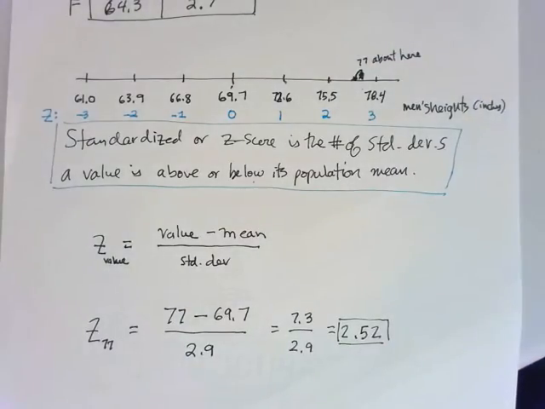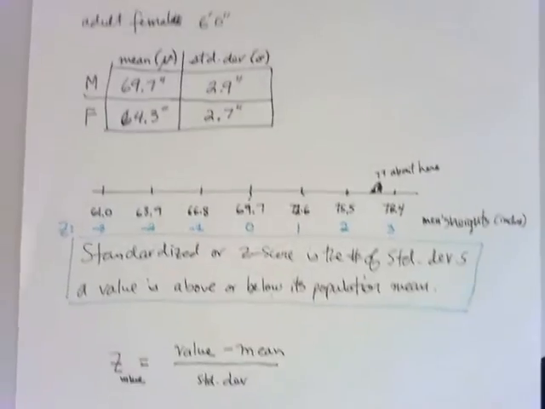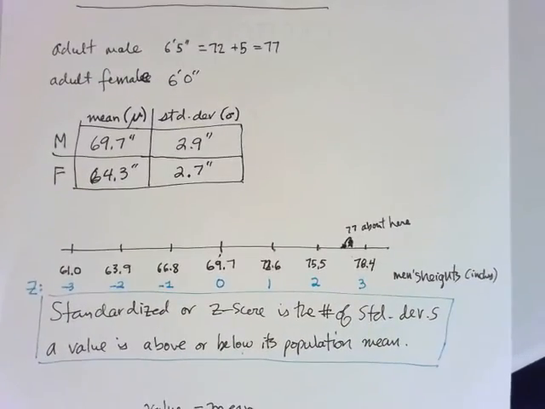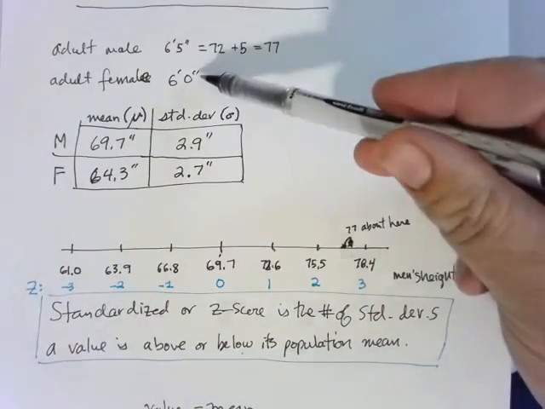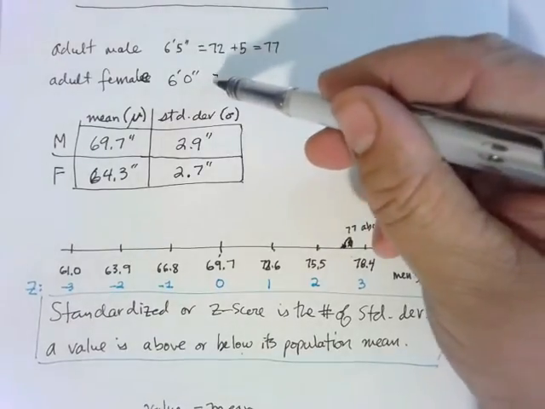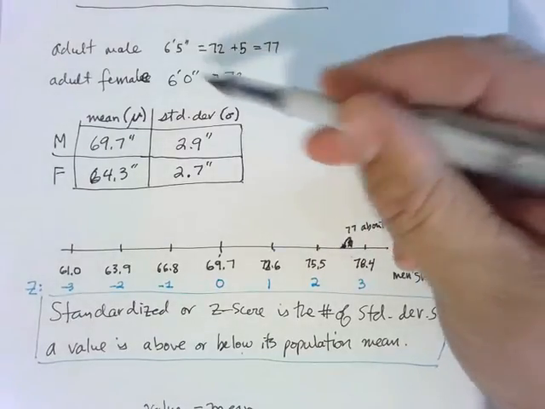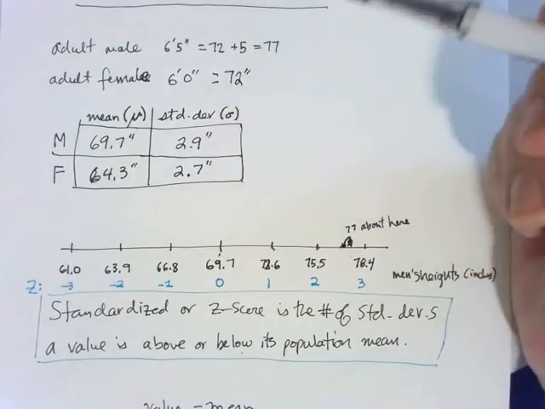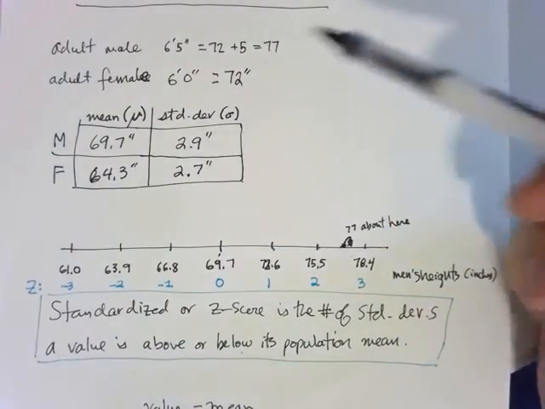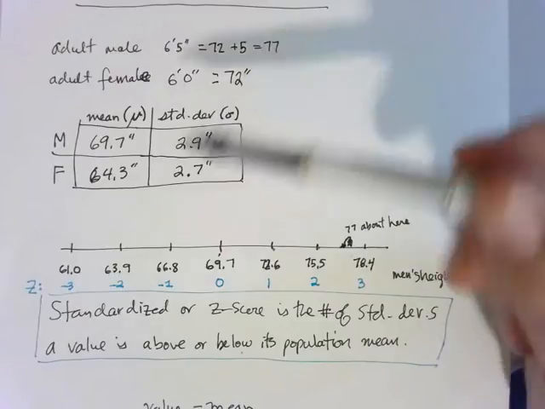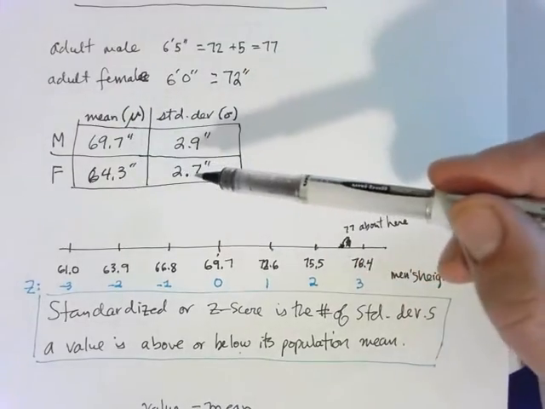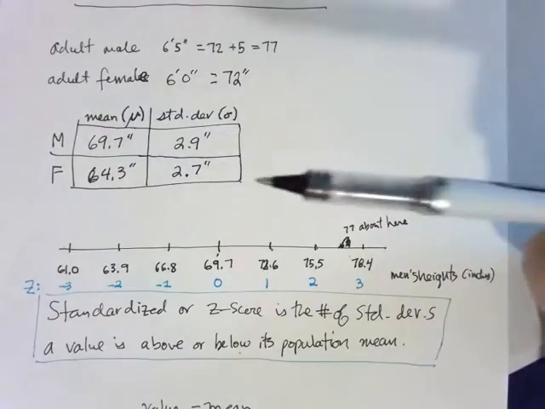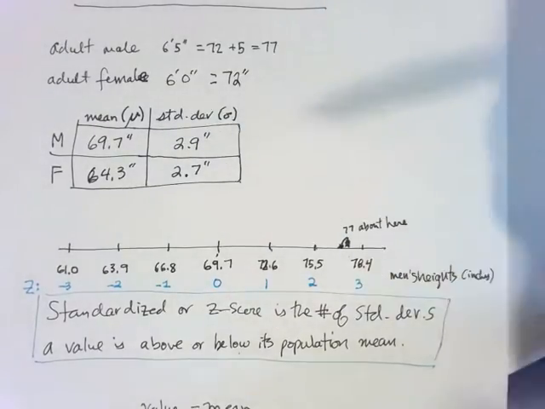How can we use this to make comparisons? Well, let's look back at our adult female. Our adult female was 6 feet tall, which is, of course, 72 inches. So now what I'll do is compute the z-score for this adult female using the population mean and the population standard deviation that I looked up earlier.